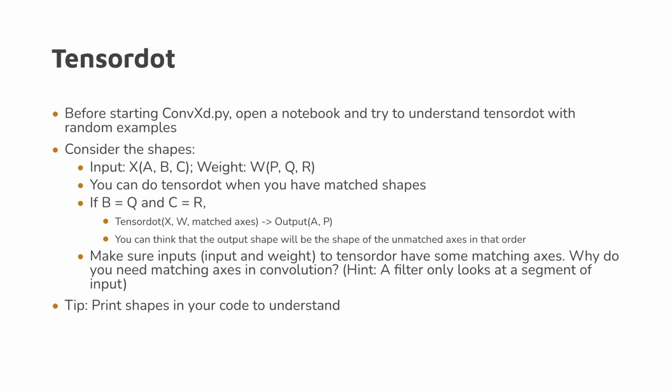You see the output has a shape of A comma P. We need to make sure that there is at least one axis along which the shapes have matching dimensions. There is no specific requirement on how many axes should match, but the minimum is at least one axis along which the shape matches.